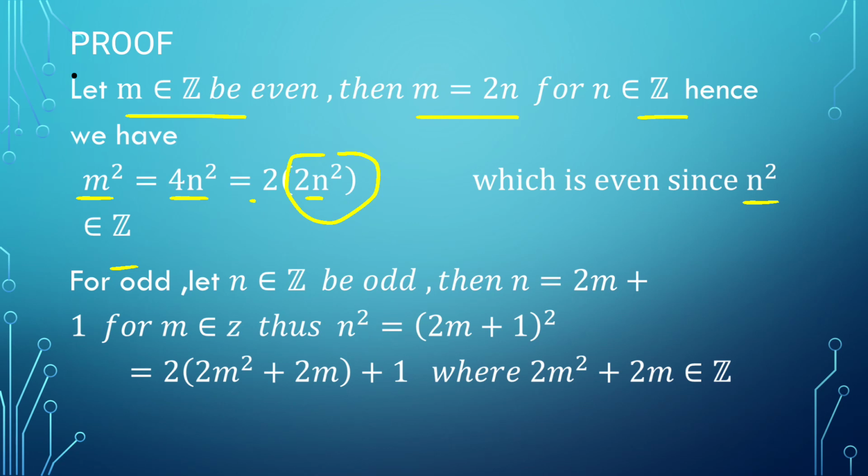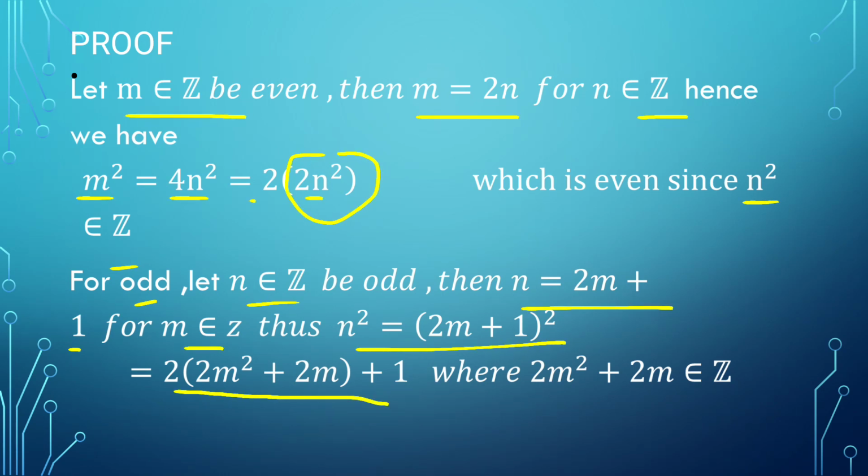Part 1 proved. Next, for odd, if you let m be an integer, for odd we know that it will be equal to 2n plus 1. Okay, and n is an integer, of course, so that m squared will be equal to 2n plus 1 squared. When you expand this and try to rearrange and group, you'll find this is true.